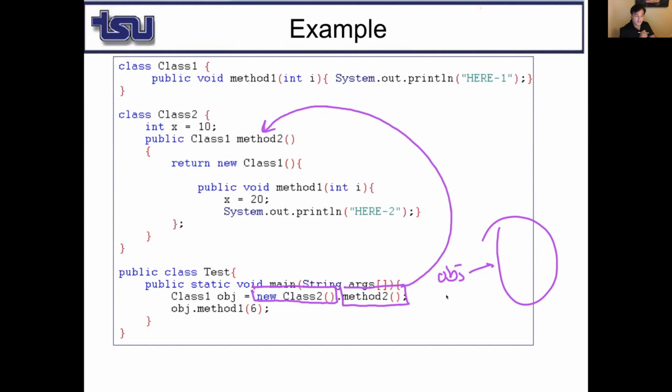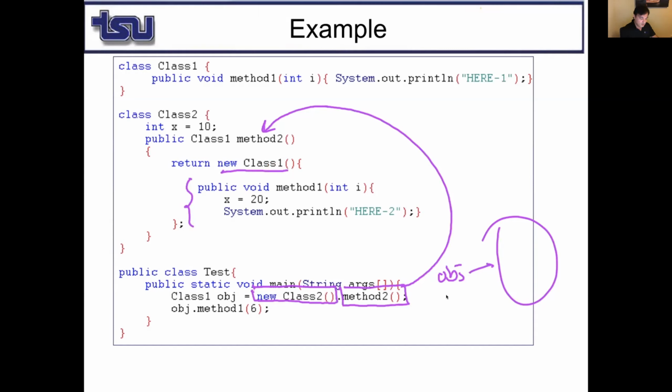So what does it do? Method 2 is going to return an object. An object of what? A class that doesn't have a name, that extends class 1 and overrides method 1 this way, right? So obj, even though it is a class 1 reference, is no longer referring to a class 1 object, but to an object of a class that doesn't have a name, that extends class 1.